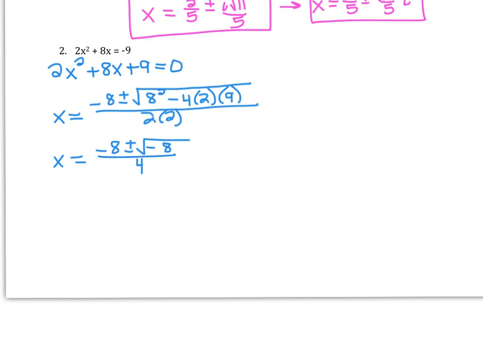All right, so I'm going to simplify this radical off to the side just so we don't have to mess with it in our problem. So if I want to simplify radical negative 8, since 8 is not a perfect square, I need 2 radicals for that, and then you need a third radical for the negative 1, right? So 8 I can break up into radical 4, radical 2.